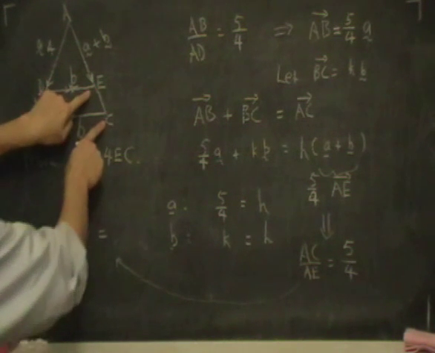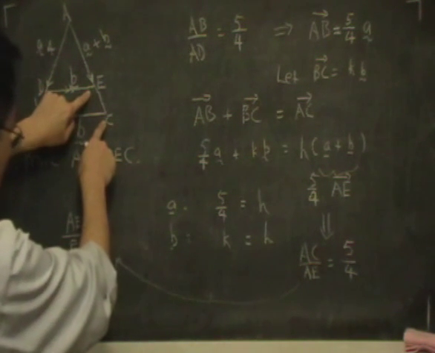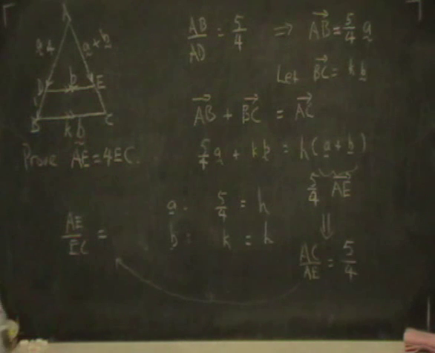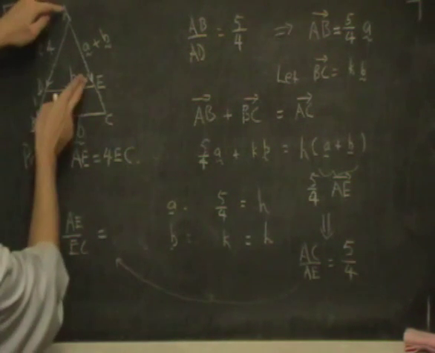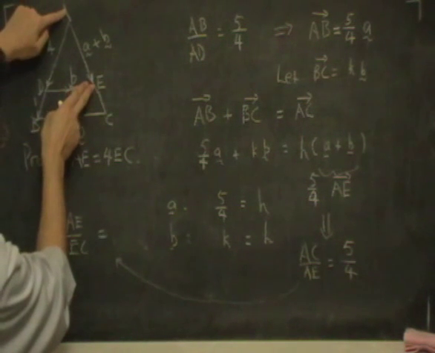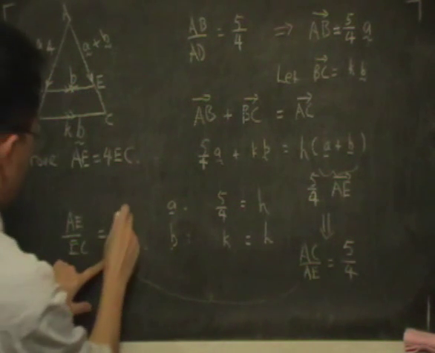So EC must be 1 part in this ratio. So therefore, the ratio of AE to EC is 4 parts to 1 part.